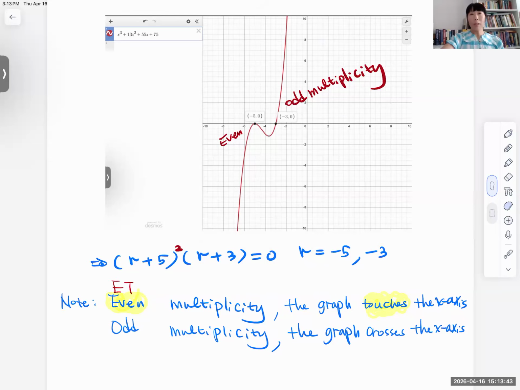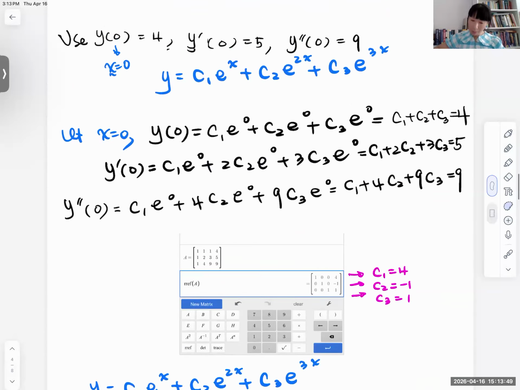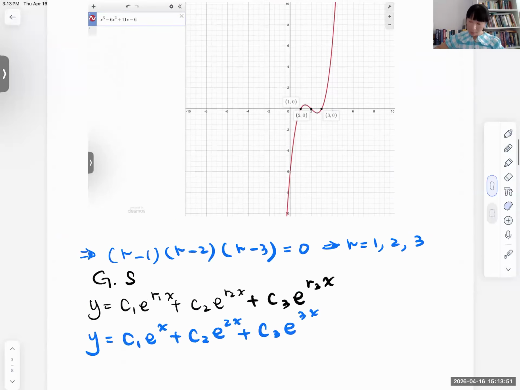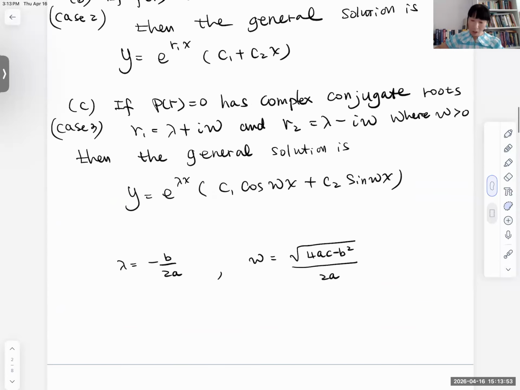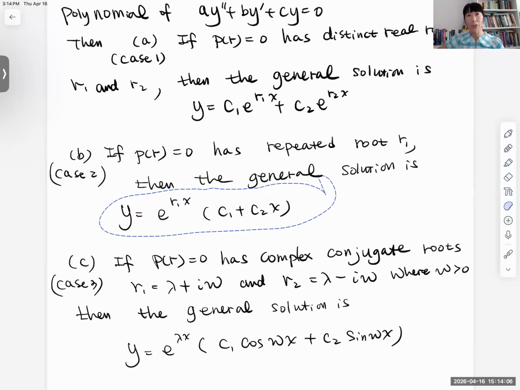Okay, then let's take a look. If we have a repeating root, then we are using this one, right? So once again, we have a general solution, but we have another solution too, right?